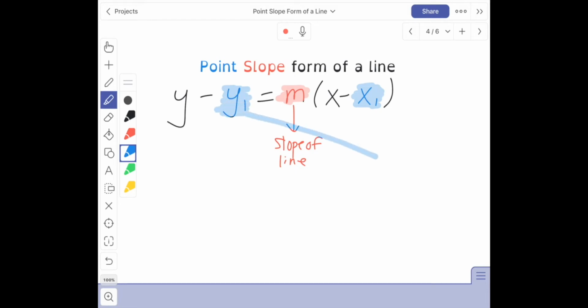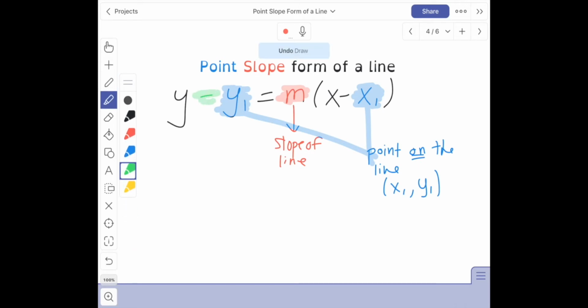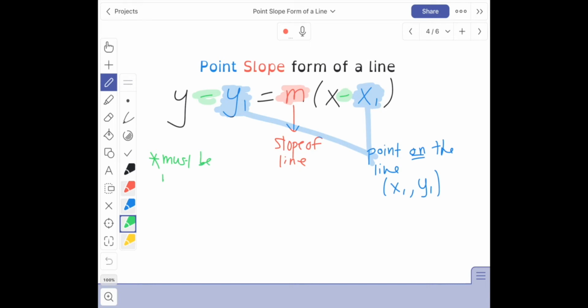So together, what they do is they make up a point that's on the line. So the x-coordinate of that point is x1, and the y-coordinate of that point is y1. Now there's a few other things to highlight. These have to be negatives. They must be negatives. That's just the rule of the form. We'll look at some specific examples, but that's the way it's written.